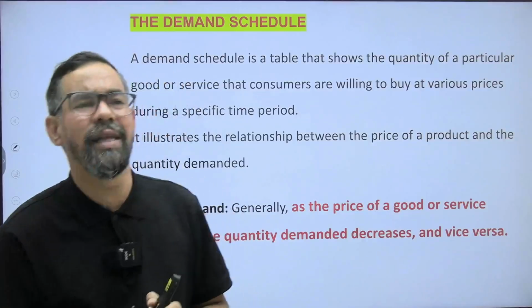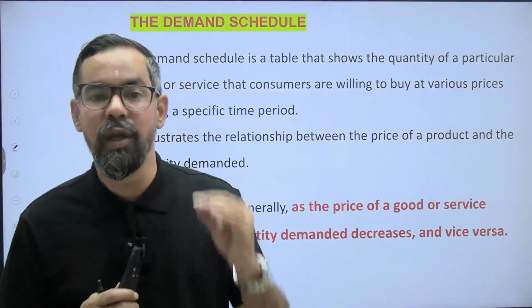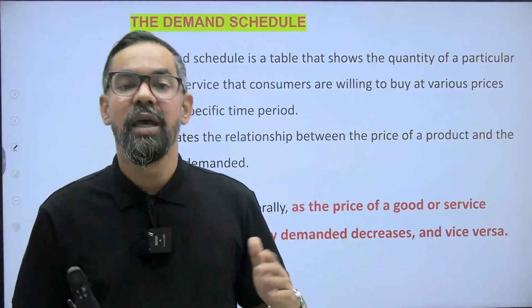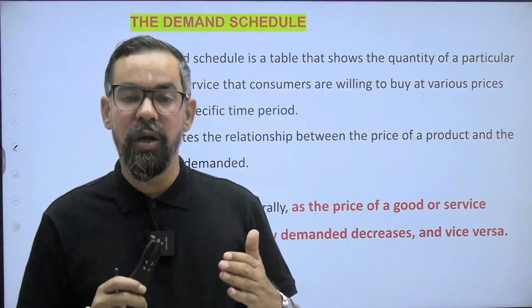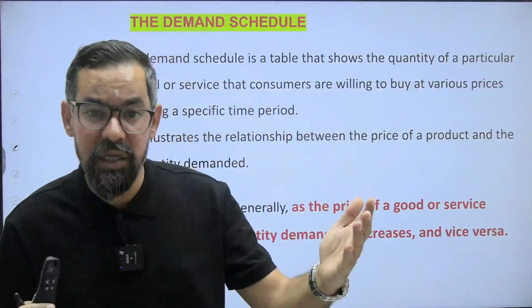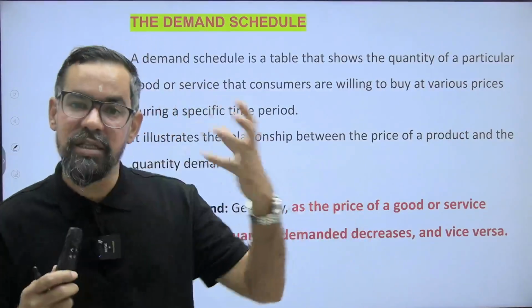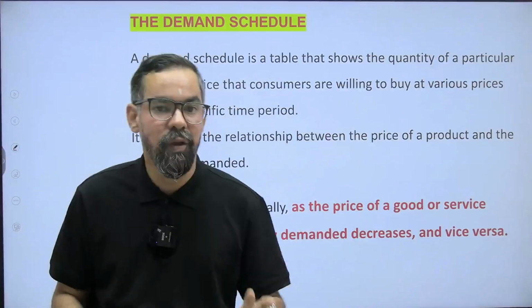It is a general tendency that as consumers we want to buy things at a lower price. So if the prices come down, the quantity demanded will be on the higher side, and vice versa. If the prices go up, the quantity demanded will be on the lower side.